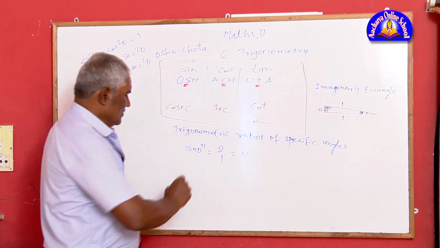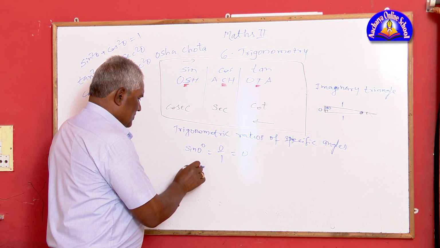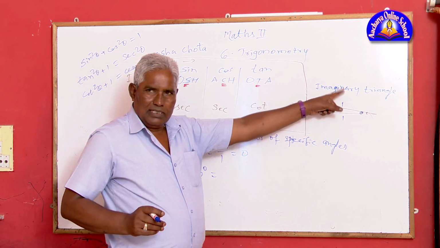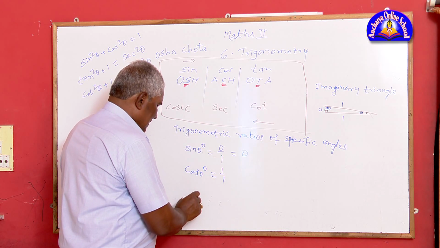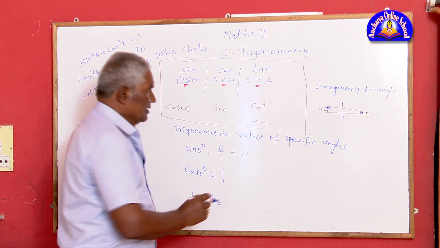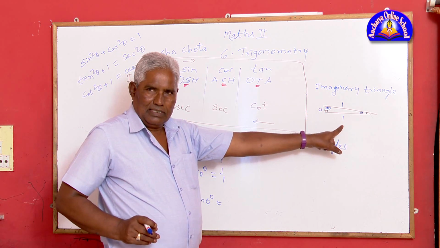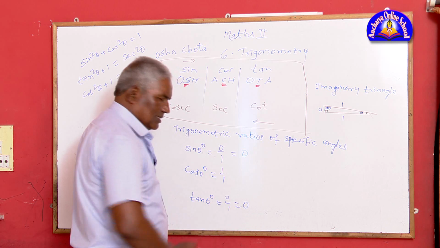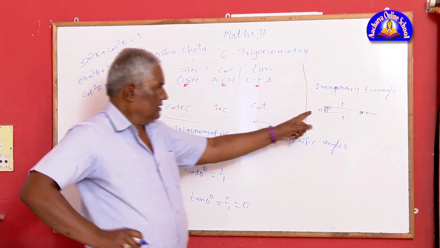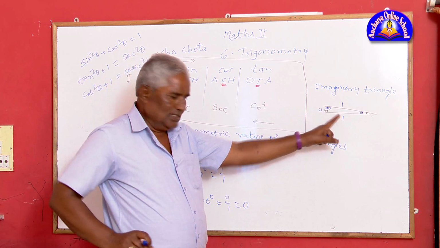Value of sin 0 is 0. Cos 0 is adjacent upon hypotenuse, that is 1 upon 1. And tan 0 is opposite upon adjacent, that means 0 upon 1, again it is 0.